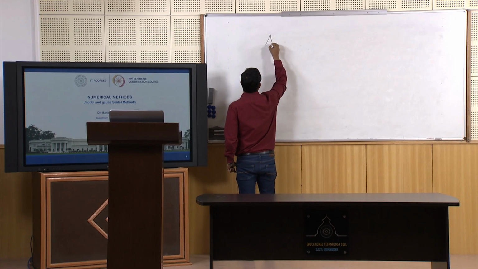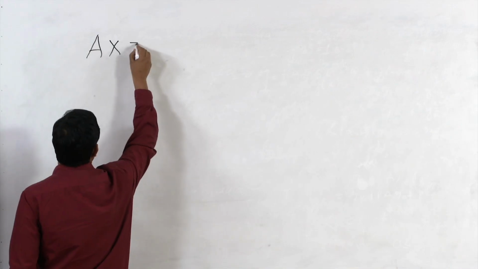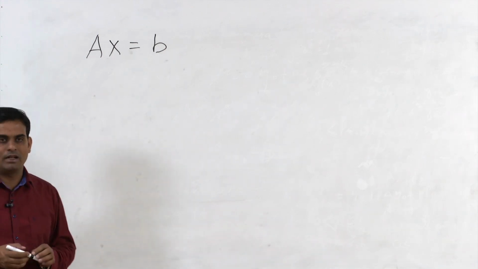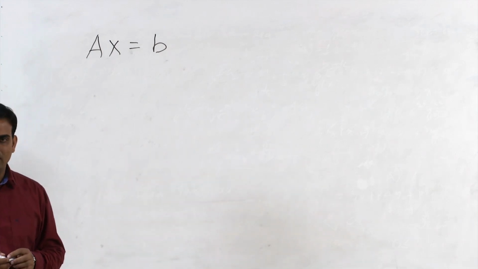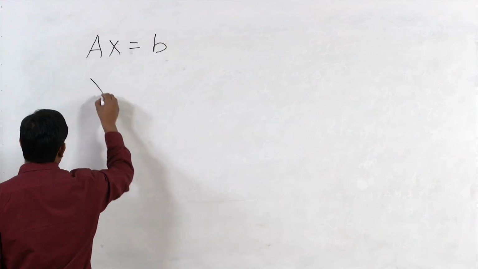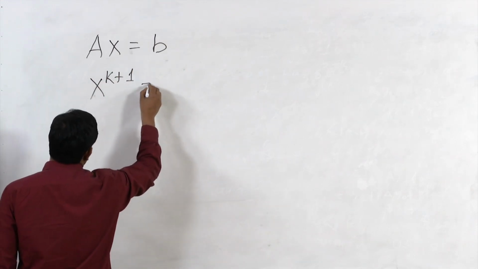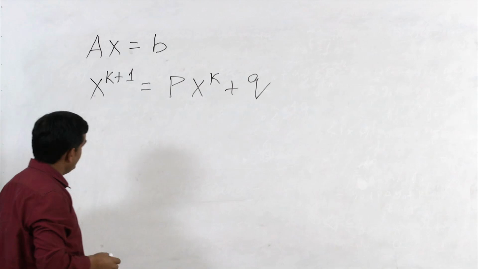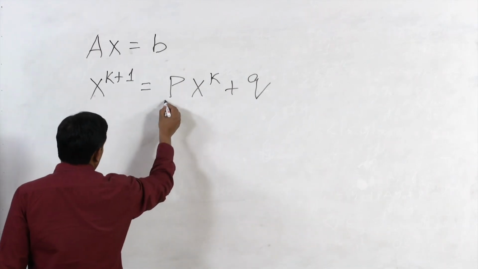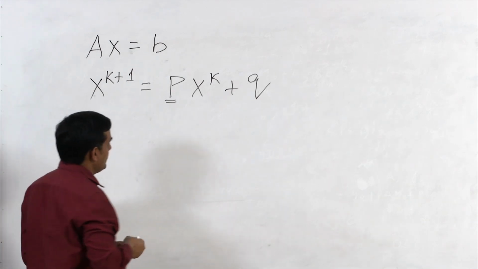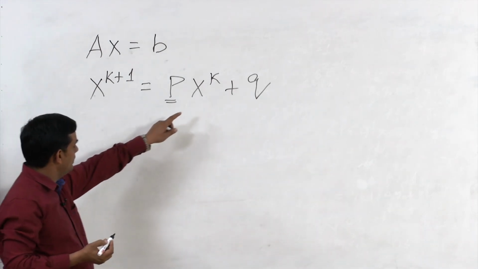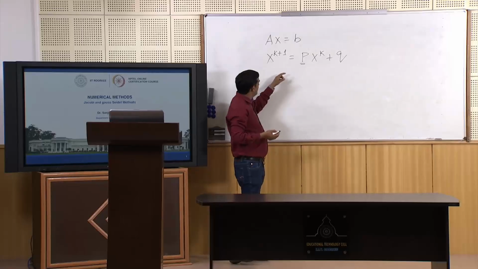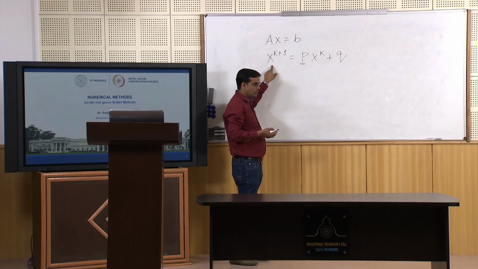So, let me introduce these methods in a general setting. If we have a system Ax equals b, where A is the coefficient matrix, x is the vector of unknown variables and b is the right hand side vector, then an iterative method for solving this linear system can be written in this form, where P is called the iteration matrix, Q is a column vector, and for any x obtained in the kth iteration, we can get the update in the k plus 1 iteration as x(k+1).